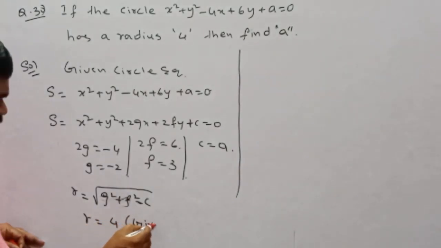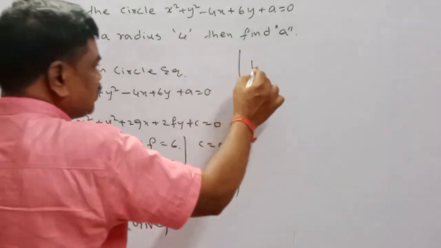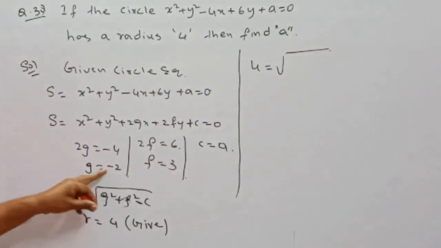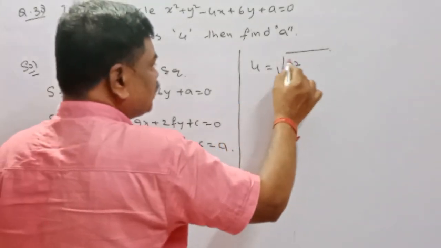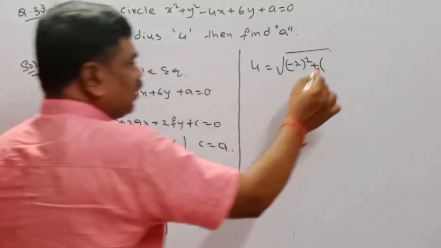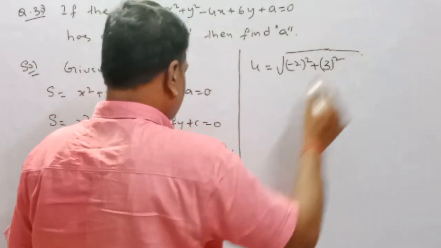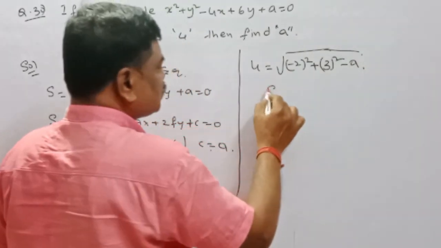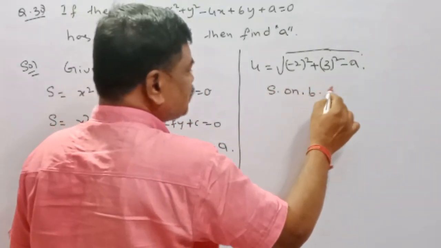Then you have to substitute here. r is given, r = 4. Then 4 = √((−2)² + 3² − c), that is minus a. Square on both sides.